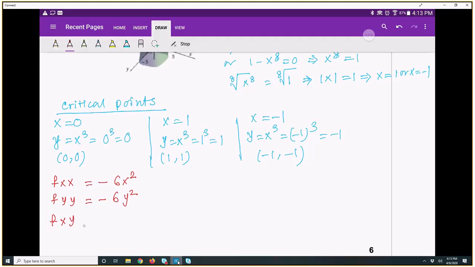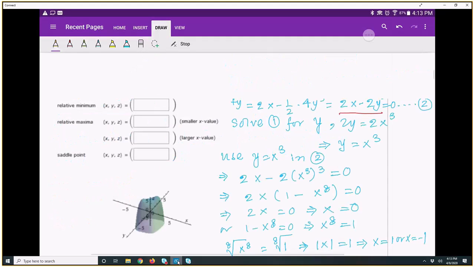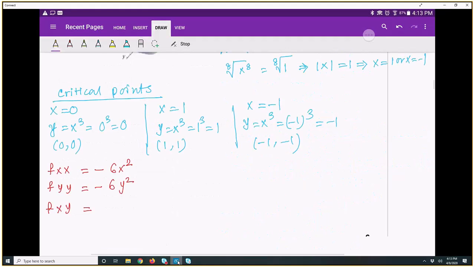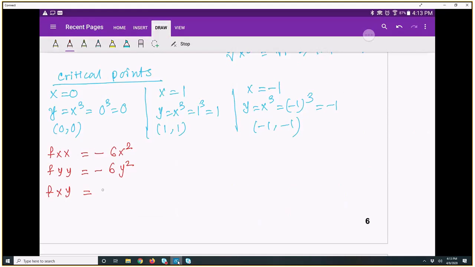Fxy is going to be the derivative of fy, but now you take the derivative of that with respect to x. So this is my fy. I take the derivative of this with respect to x, and I get 2. So I'll go ahead and say that this is 2. So since I'm going to try 3 different critical points, I'm going to find D in terms of variables first.